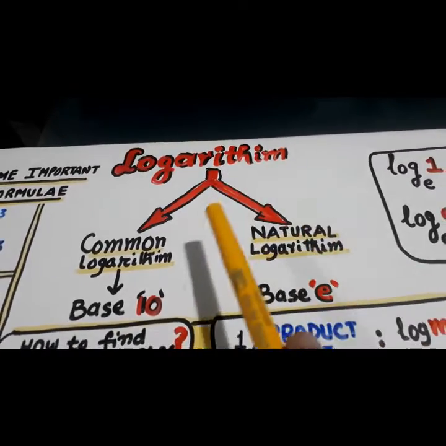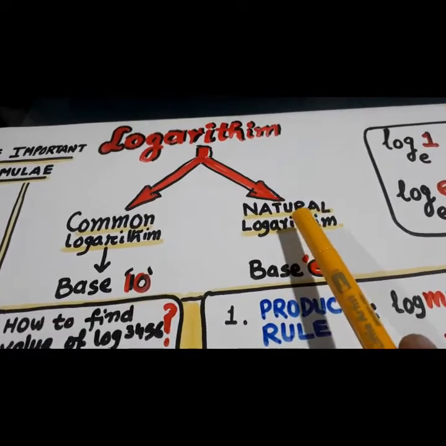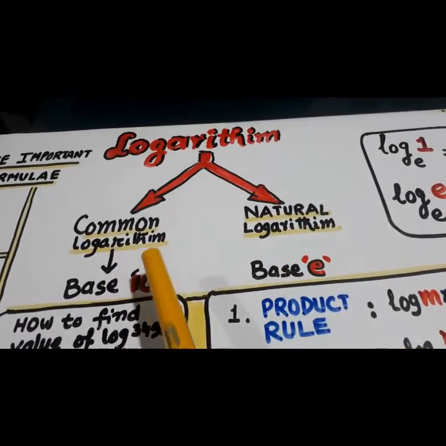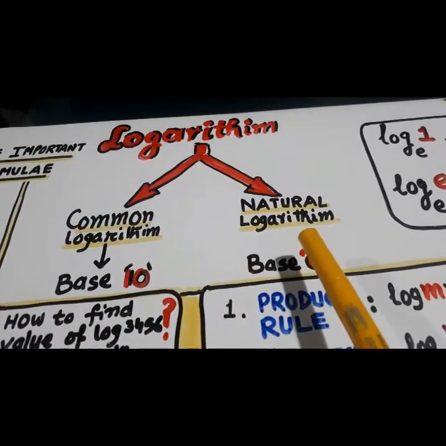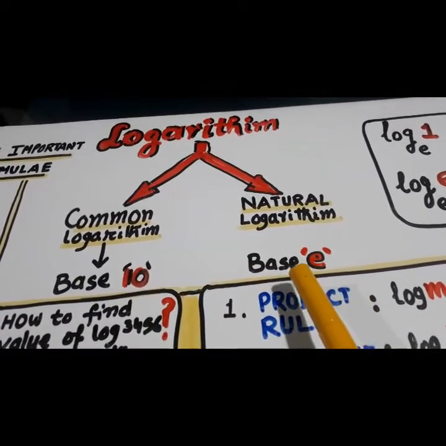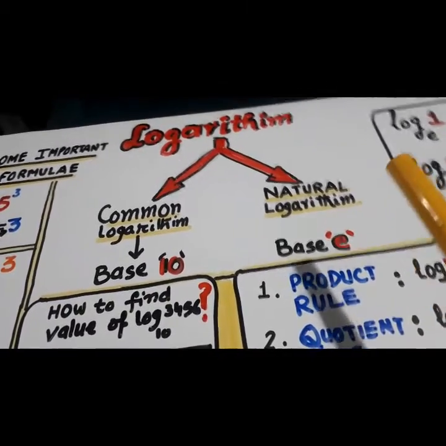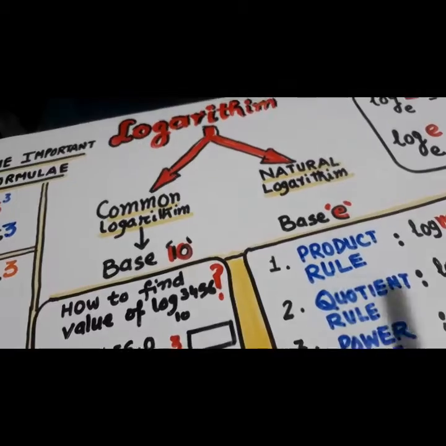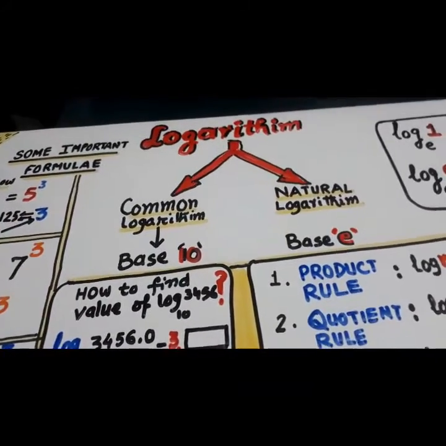Logarithm is of two types, I told you, common logarithm and natural logarithm. In case of common logarithm, the base is 10, while in case of natural logarithm, the base is e. Now, there is a certain method of using these logarithms.